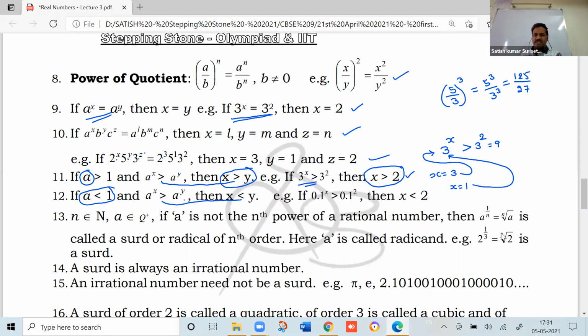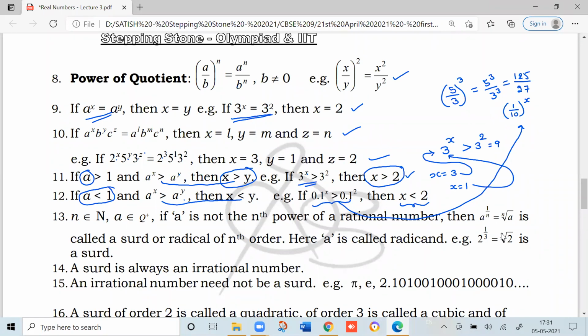Let us take an example. 0.1 to the power of x greater than 0.1 whole square, then the x value must be less than 2. That is, for all x less than 2 only it will be satisfied. Now let us verify here also with an example. 0.1 to the power of x means 0.1, can I write 1 upon 10 whole power x?